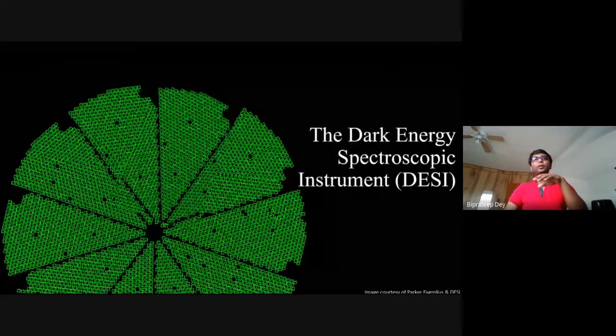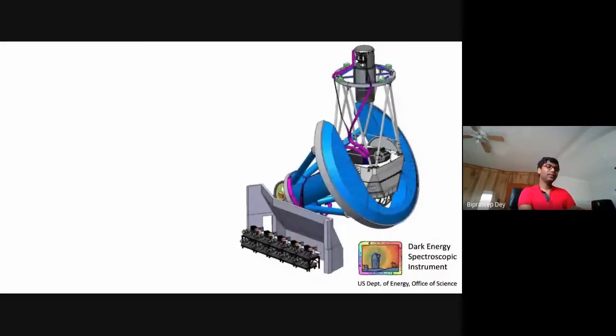But I want to talk about something which is happening right now, and I am in some way involved with it. It's called the Dark Energy Spectroscopic Instrument, or DESI for short.